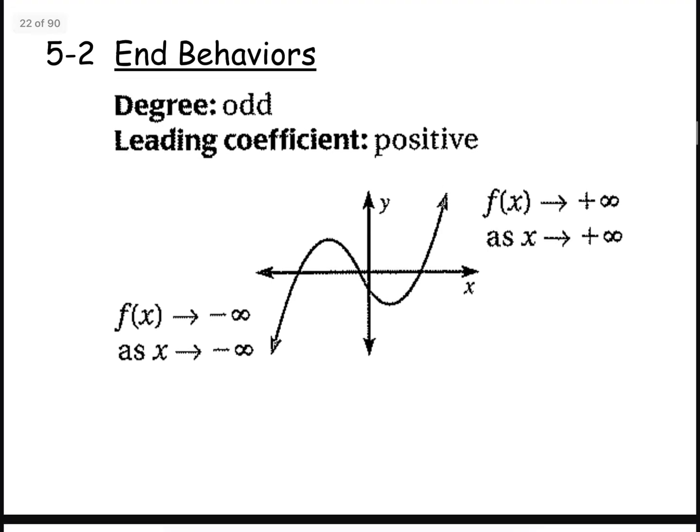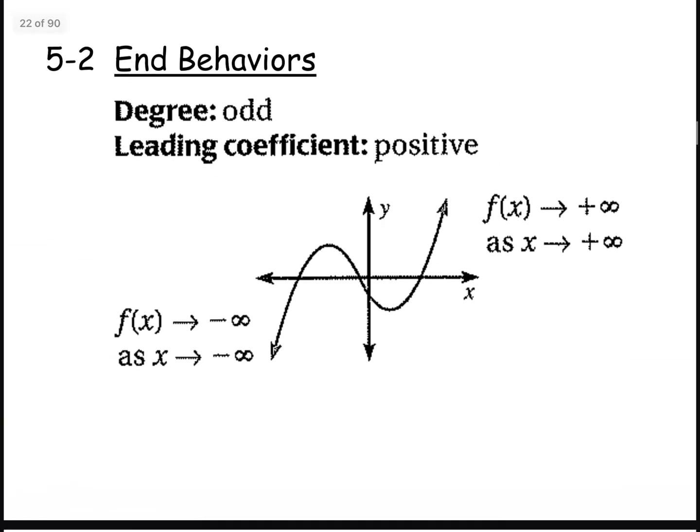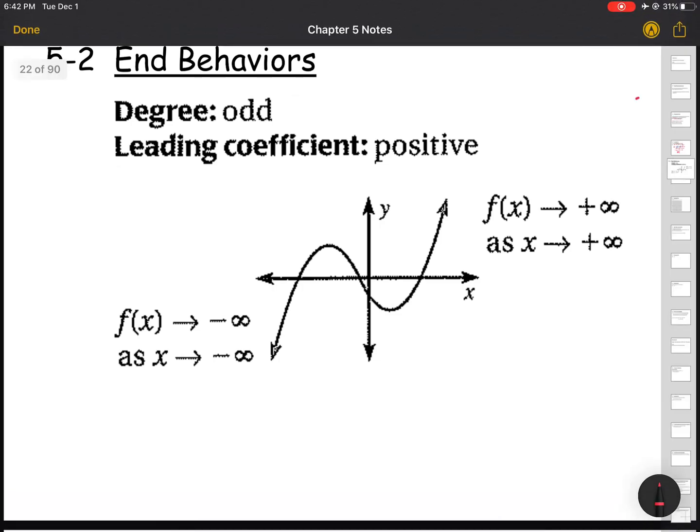So if I look at the first type of end behavior, these are odds. If my degree is odd, so like 1, 3, 5, 7, really pay attention though to 3, 5, 7, 9, those kinds of degrees, because remember our exponent of 1 is linear, so it's just a line.